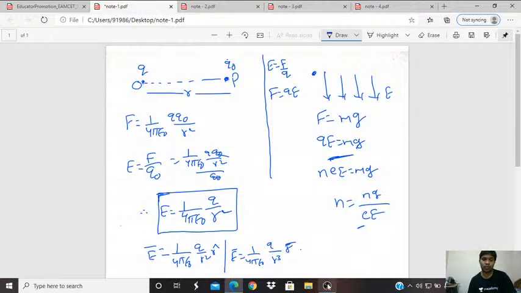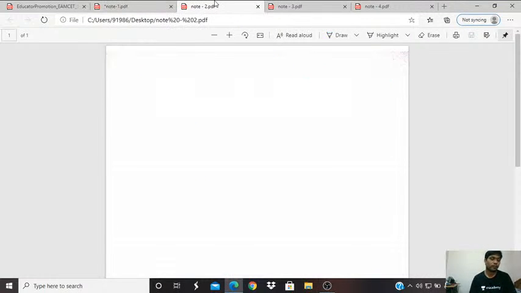Or in a uniform field, it is moving with acceleration a, for example. This is the motion of a charged particle in a uniform electric field in which the force of gravity is 0, meaning gravitational force is not acting.